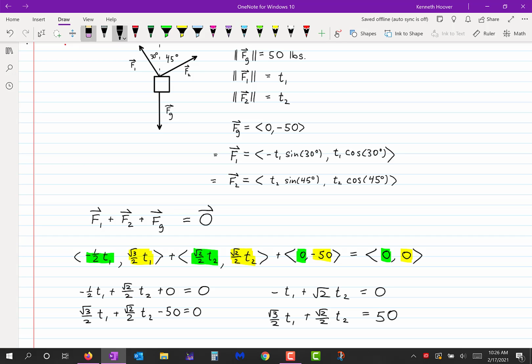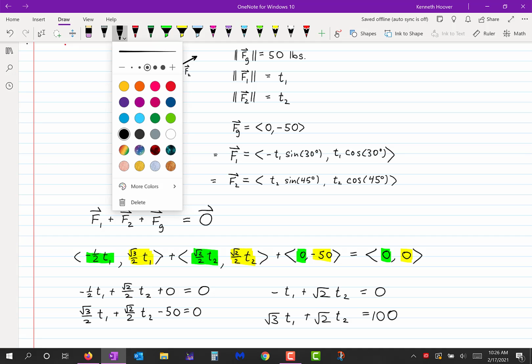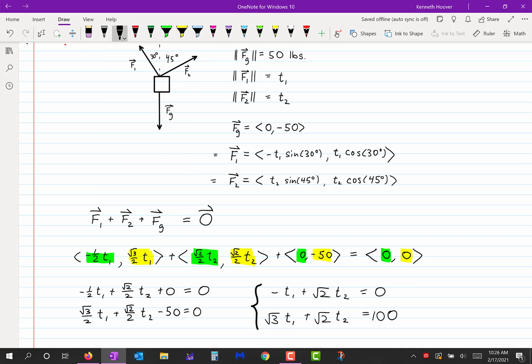And double both sides of the second equation, you get root 3 T1 plus root 2 T2 equals 100. You guys can solve that. That's just algebra, so I'm going to tell you what I get, but I would leave it to you to check that and actually work it out.